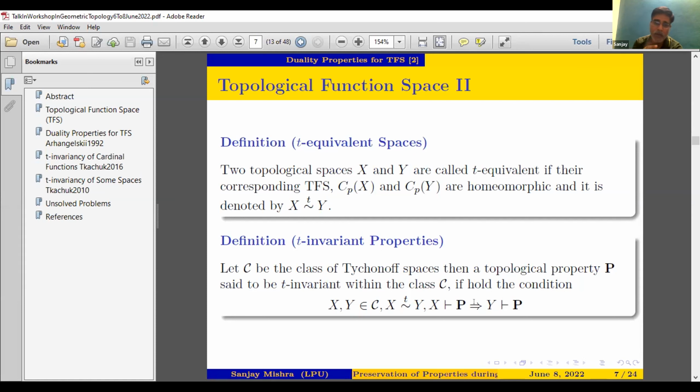My discussion is only for the class of Tychonoff spaces, but others also study other classes; here it is only for Tychonoff spaces.